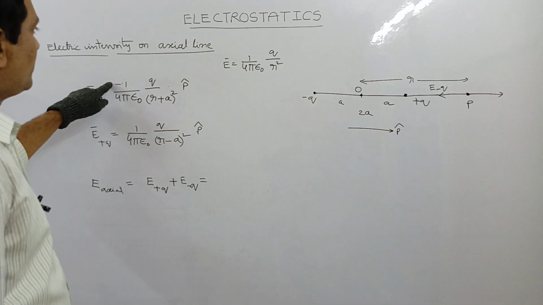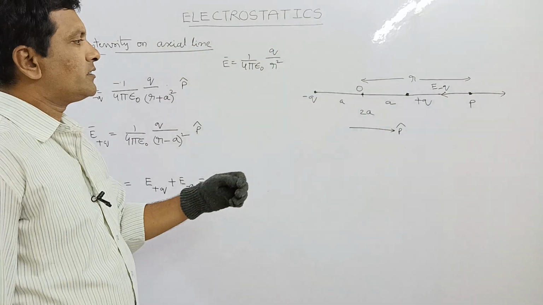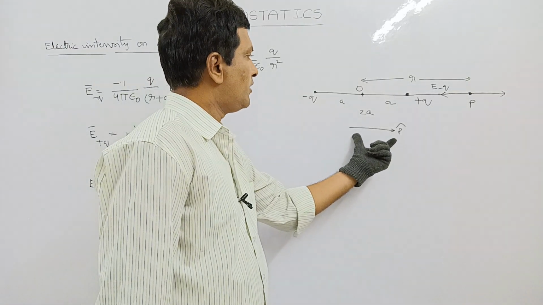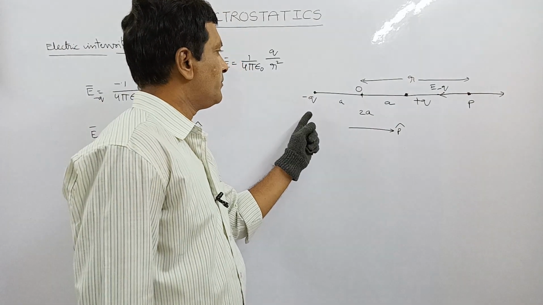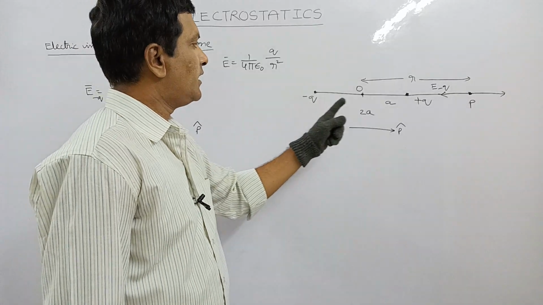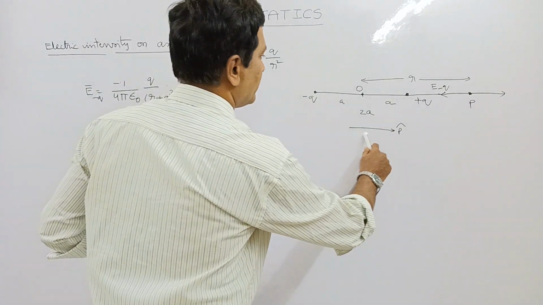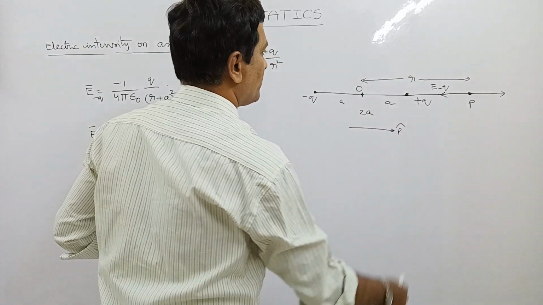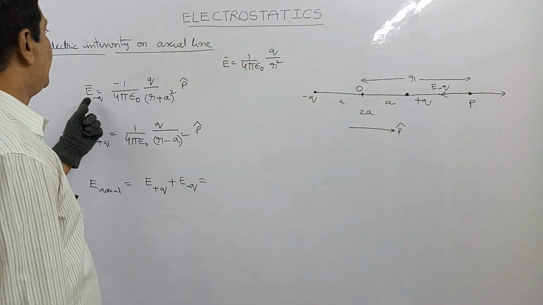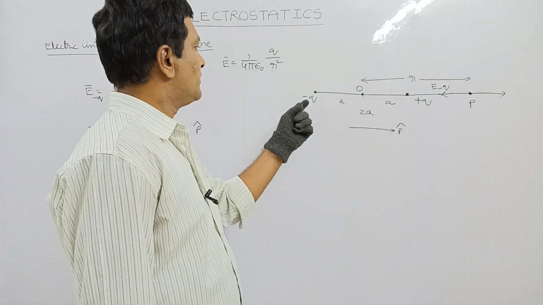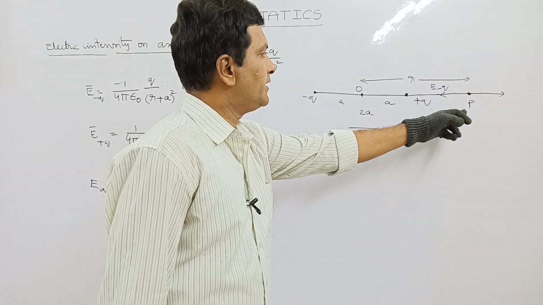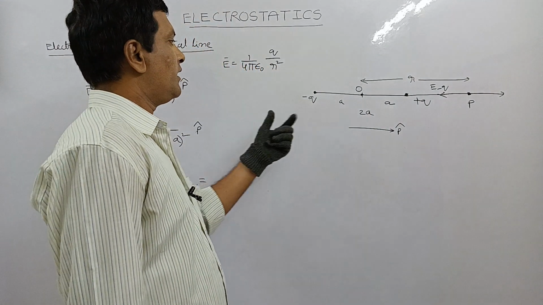Why we put minus here: the dipole moment of this electric dipole acts from minus charge to plus charge. So the direction of dipole moment is from minus charge to plus charge. The electric field due to this negative charge will be in the direction opposite to the dipole moment.